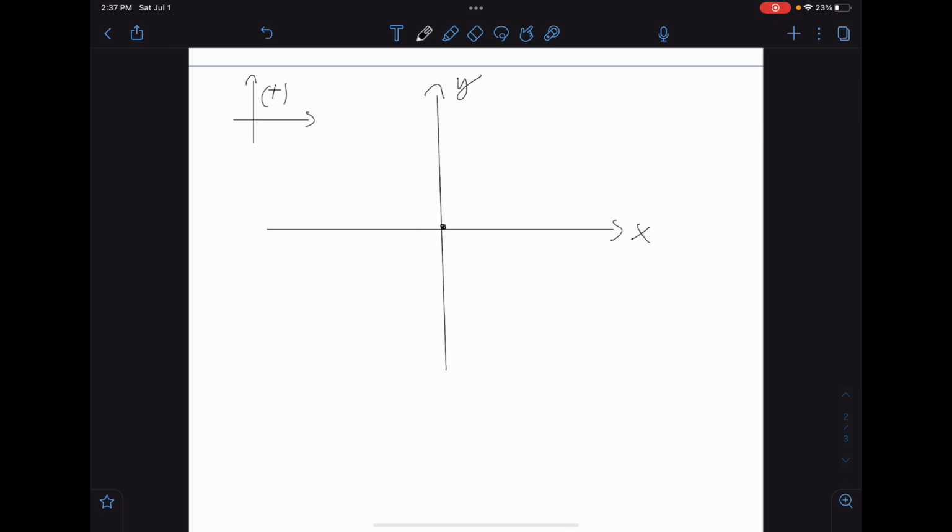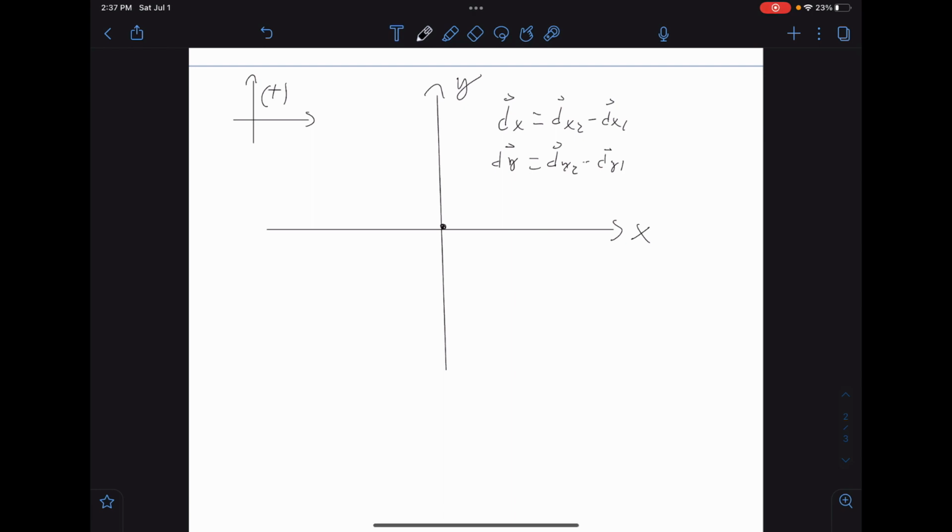And that's very helpful for the person marking you, and it's very helpful for you as well, just so you don't mess up positives and negatives. So we would have dx being displacement in the x direction. That would be dx2 minus dx1. And then we would have dy. That would equal dy2 minus dy1.